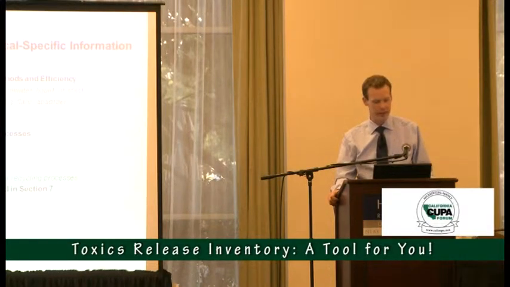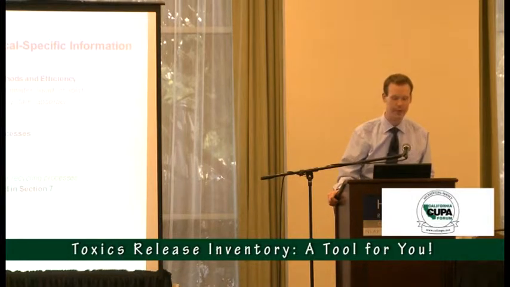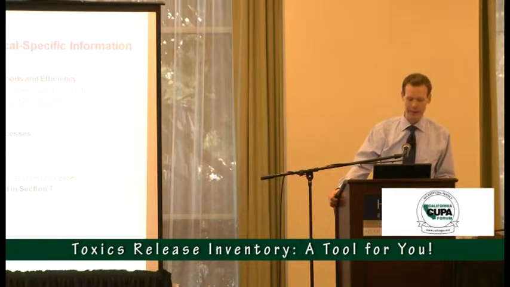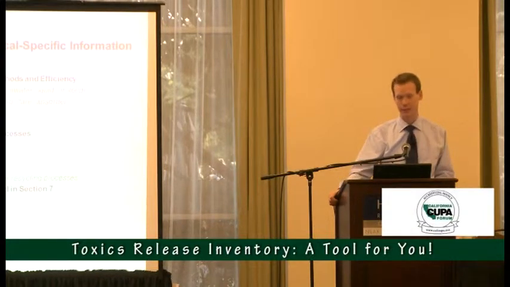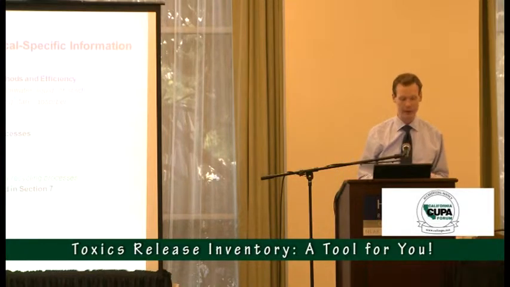The next section is on-site energy recovery. So if a facility combusts a TRI chemical for recovered energy in the form of a kiln, a furnace, or boiler, that's reported. And next is on-site recycling processes. So facilities then indicate if they do any recycling.